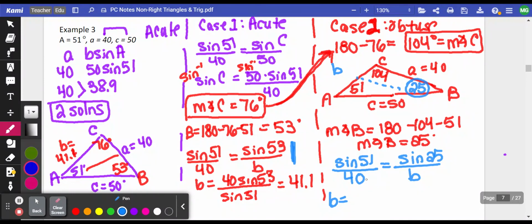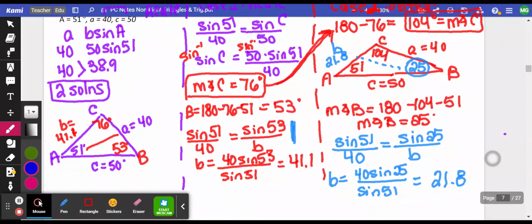So B equals 40 times the sine of 25 divided by the sine of 51. You would just drop that into your calculators and you should get 21.8. Again, if you're not practicing this in your calculators, you don't really know if you have your settings correct. You don't know if you actually know how to do it. So please make sure you're doing that.